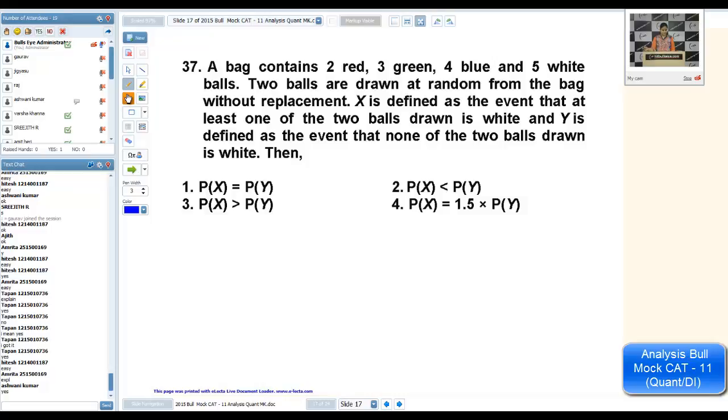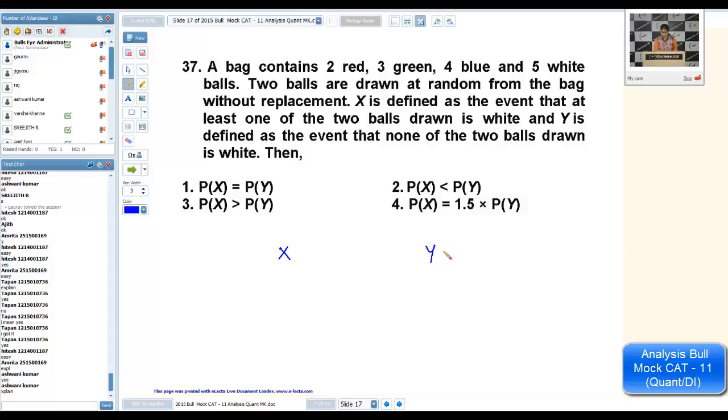You will get to solve this question later. Yes, Ashwini. A bag contains these many balls. 2 balls are drawn at random from the bag without replacement. X is defined as the event that at least one of the 2 balls drawn is white, and y is defined as the event that none of the 2 balls drawn is white.